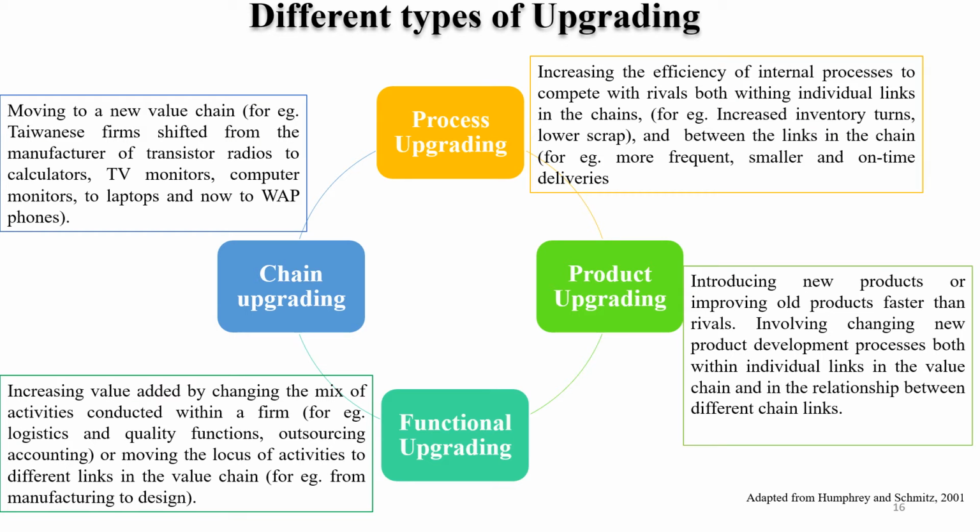Because the supplier firm is in the global value chain, it gets a lot of important information which helps them to improve the efficiency of the internal process. It could be inventory management, efficiency in delivery, or efficiency in any part of their production activities. So process upgrading is a natural aspect. Otherwise, the small firms will be out of the global value chain, so there will be a lot of pressure on them to improve the process.